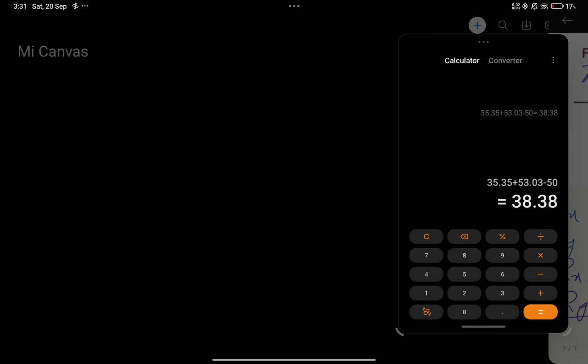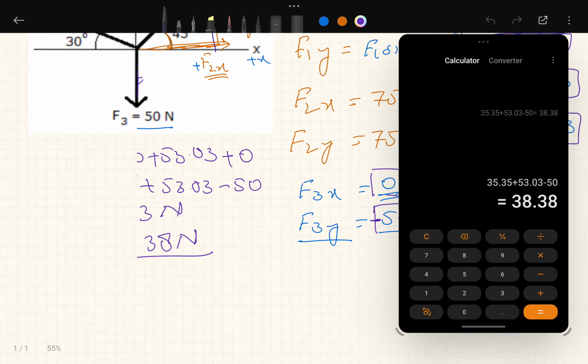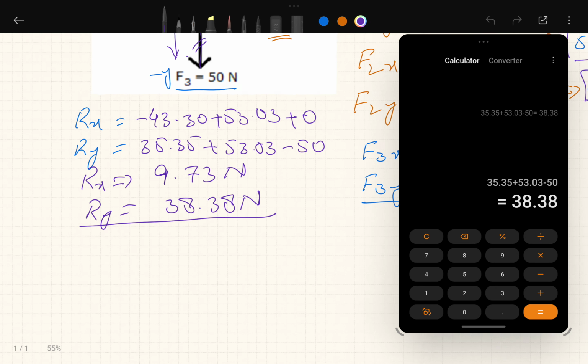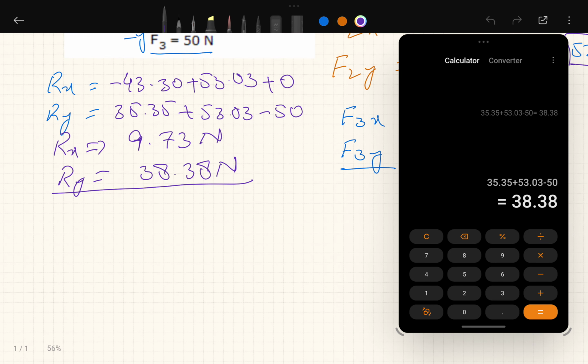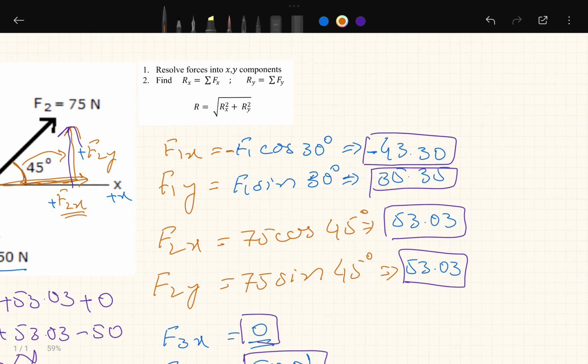All right, we got the Rx and Ry components. Now we can go on and find the resultant force. It's very simple and straightforward. Our resultant would be equal to the square root of Rx squared plus Ry squared. This is what we said the equation will be.